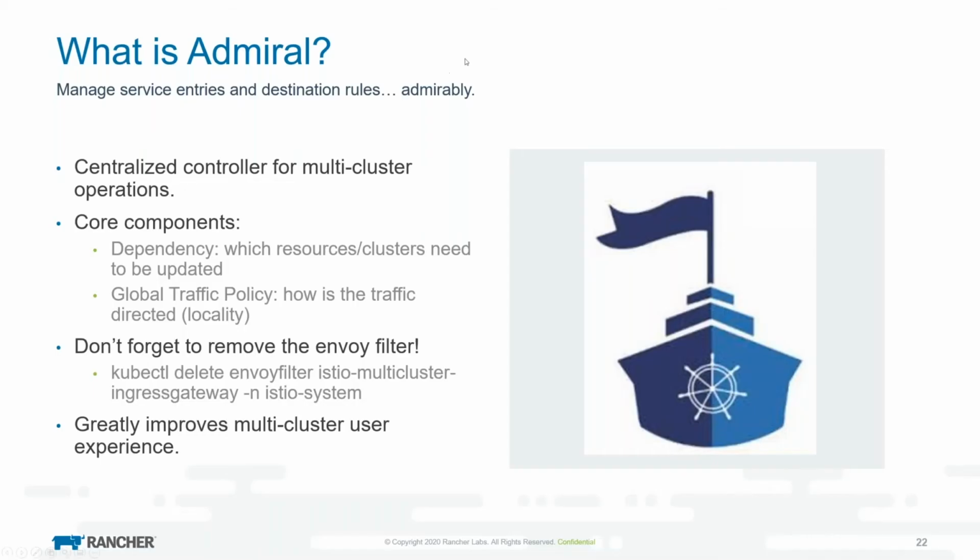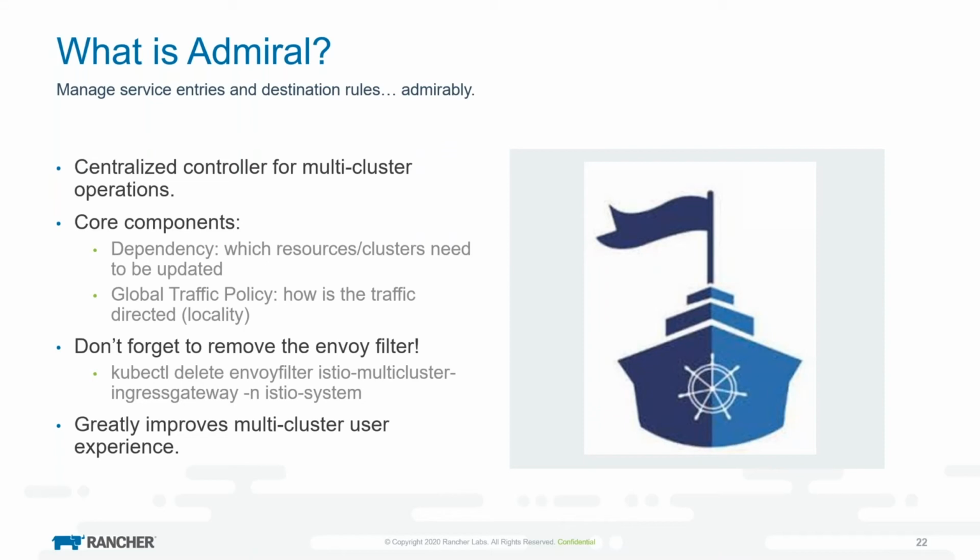Enter Admiral. Admiral is an automation agent that takes the manual control out of that. Consider it a controller for the various manifests that we already talked about, which lives on a centralized cluster.